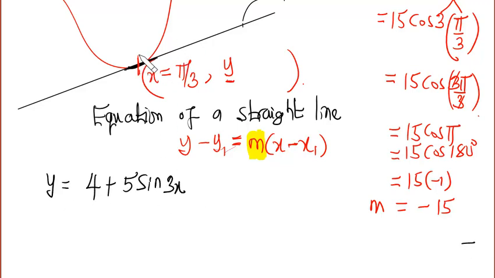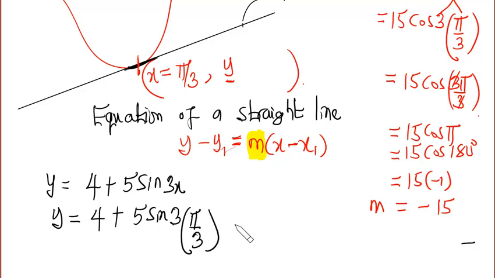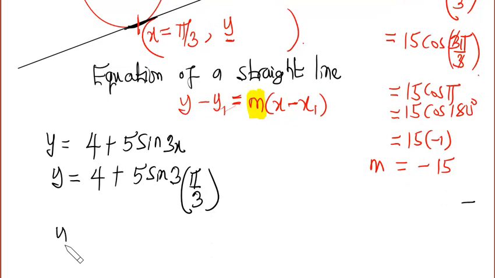At the point where the line is tangential to the curve, x is pi over 3. So let us substitute x equals pi over 3. We have y equals 4 plus 5 sine 3, instead of x, we replace that with pi over 3. So we have y equals 4 plus 5 sine, the 3 at the numerator cancels the 3 at the denominator.